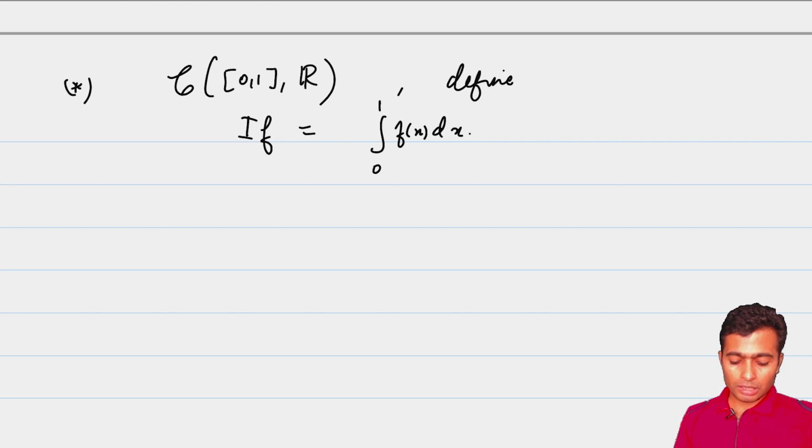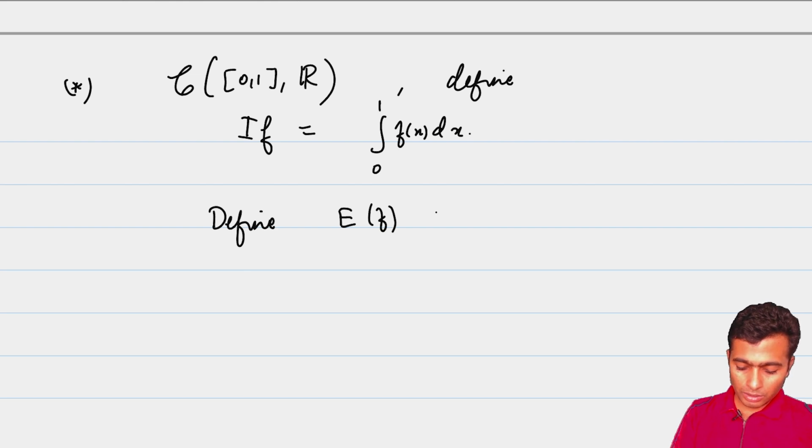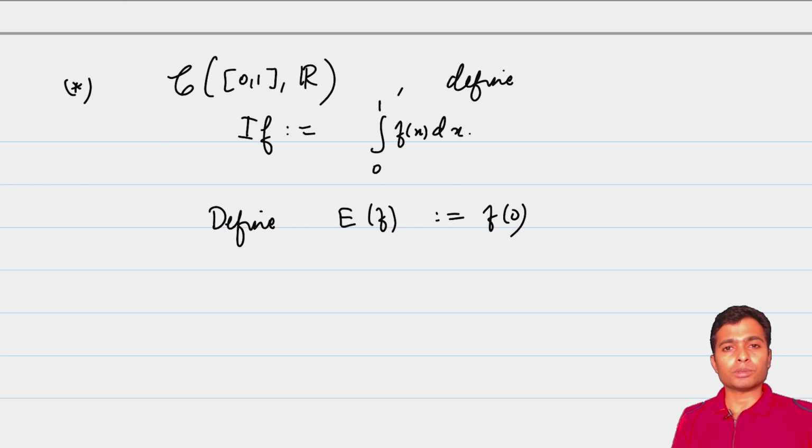And yeah, so this is another example of a linear functional. Another example is maybe on the same space. Define E of f to be equal to the evaluation functional at 0. So every function f is sent to f of 0. That is another example of a linear functional.